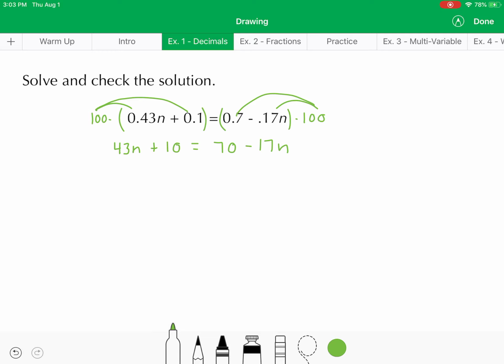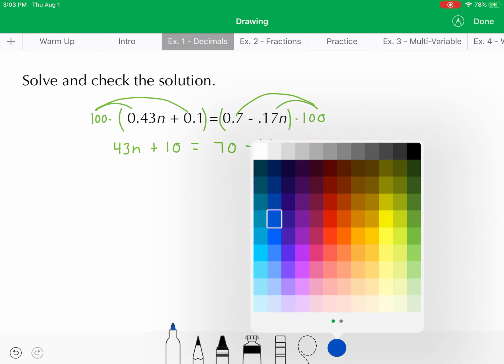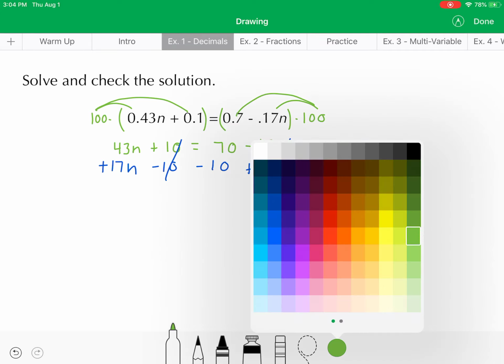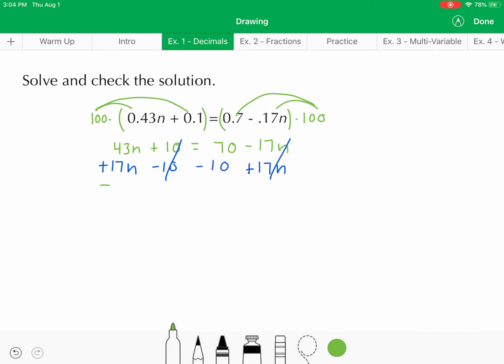I'm going to move my variables to one side now. So I'll add 17n to both sides. And then at the same time, I'm going to move my constants away from the variables. So that's going to result in 43n plus 17n would be 60n.